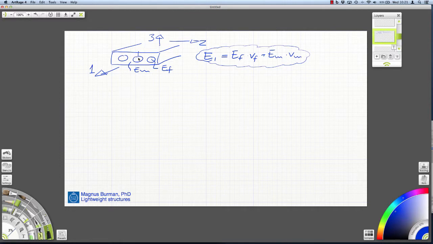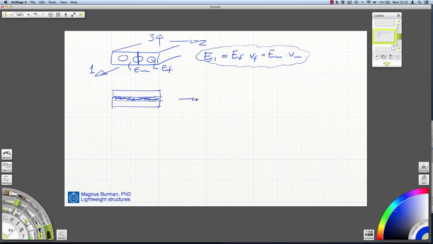So let's take a cut here and look from the side. So we will have a unit cell that looks like this, where the central part is the fibers, and these two parts are the matrix.